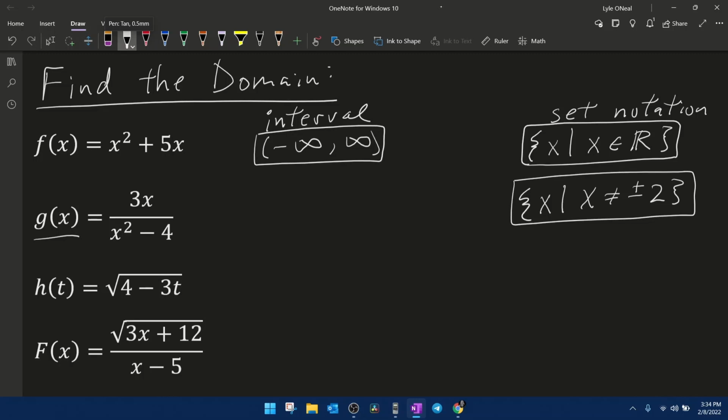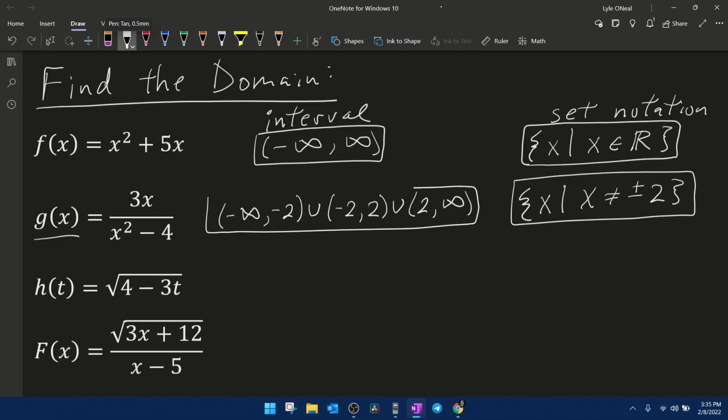Interval notation is going to be a little bit more complicated because x can be any real number, anything from minus infinity up to negative 2, but not including negative 2. So we're going to use a parenthesis and then a union symbol so that we can jump over to the other side of negative 2 and keep going up to 2, not including 2, skip over to the other side of 2 and keep going.